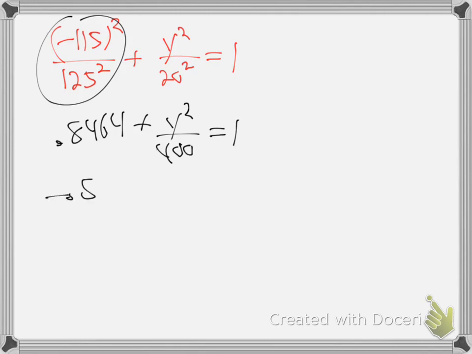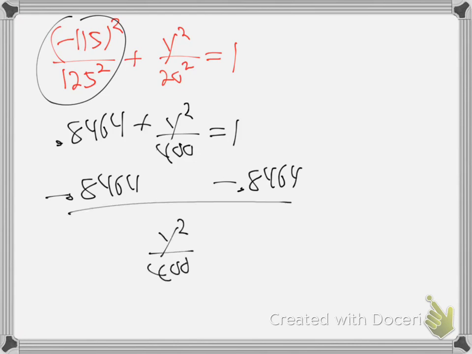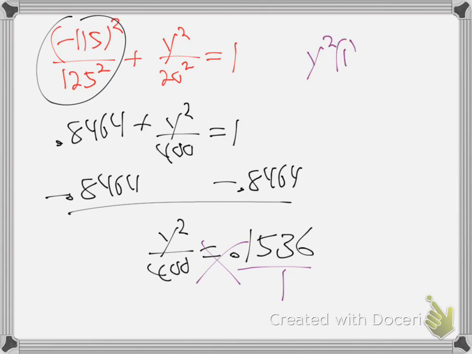Equals 1, subtract the 0.8464, and get y squared over 400 is 0.1536. Okay, now put this over 1, diagonal, diagonal, come up here. Y squared times 1 equals 400 times 0.1536.